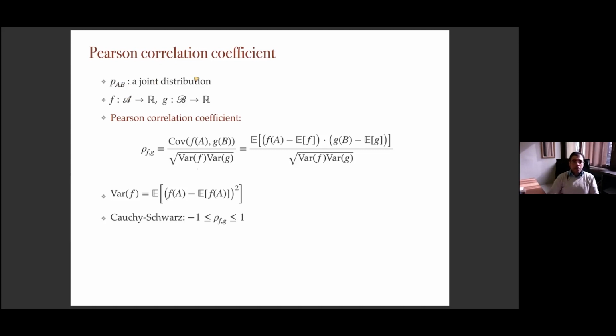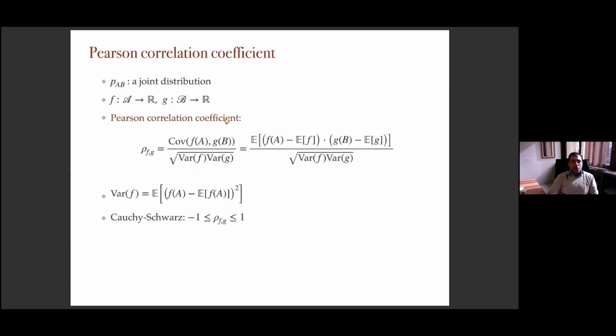Suppose I have this joint distribution that I had before, and suppose Alice applies some function f. F is a real function, so it takes some little a and produces some real number. And similarly, Bob receives some little b and produces g of b, a real number.